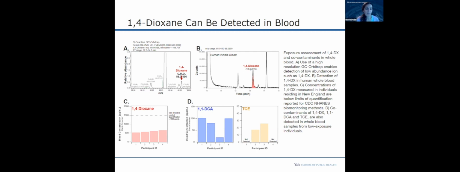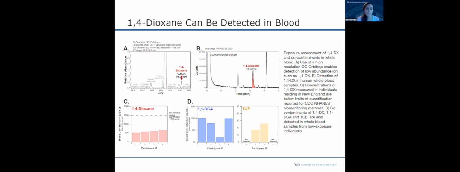And what we really wanted to point out here is that this dashed line, the 1,500 picograms per milliliter, was the limit of quantification by the CDC's method in NHANES.